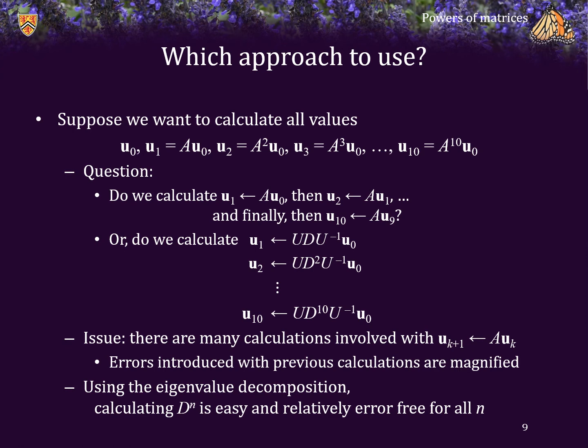On the other hand, if we use the eigenvalue decomposition, calculating the diagonal matrix raised to the power n is easy and also relatively free of error for all possible values of n. So this suggests that even if we wanted to calculate all of these results, it still makes more sense numerically to use the eigenvalue decomposition.